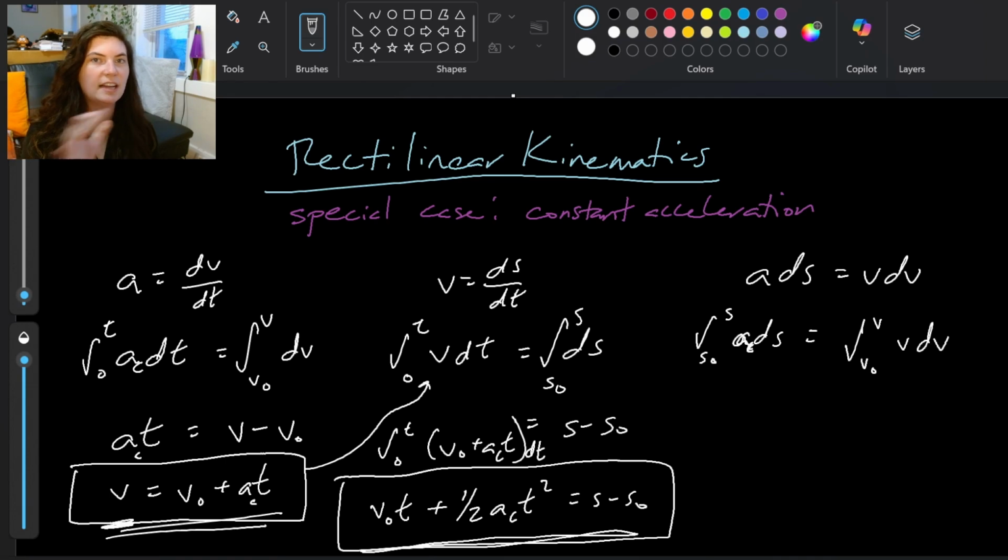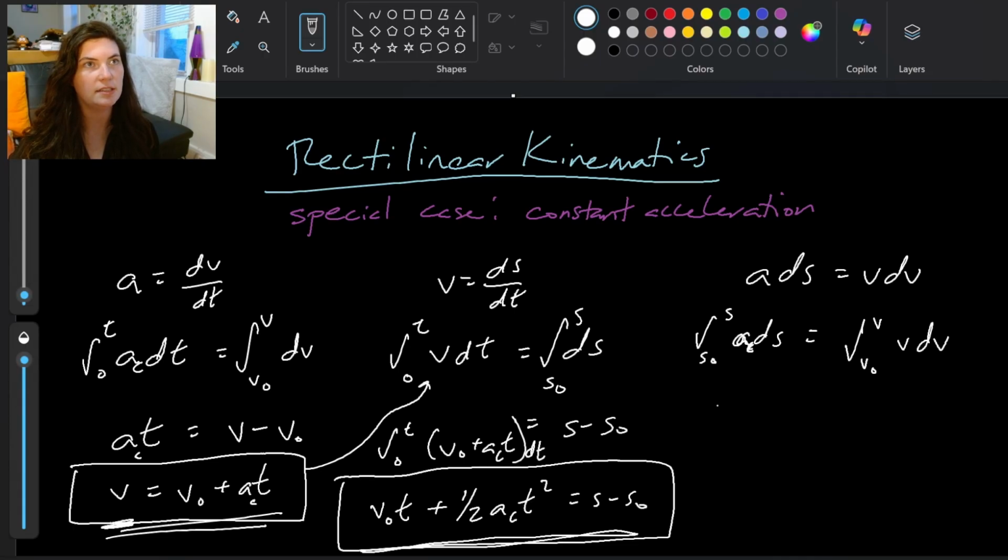And notice I didn't actually have to do the substitution this time because I'm not integrating with respect to t, I'm integrating with respect to v. So my equation is already in terms of v, this v dv, so I'm just going from my initial velocity to my final velocity.